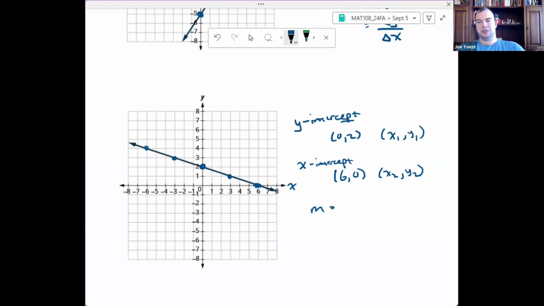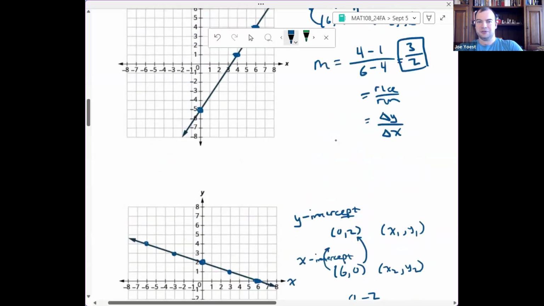My slope is the difference in the y's, so 0 minus 2. So going left to right, I'm going down, I'm losing height, so my rise is negative. And my run, again, the 2's minus the 1's, 6 minus 0. This gives me -2 over 6, or -1/3.